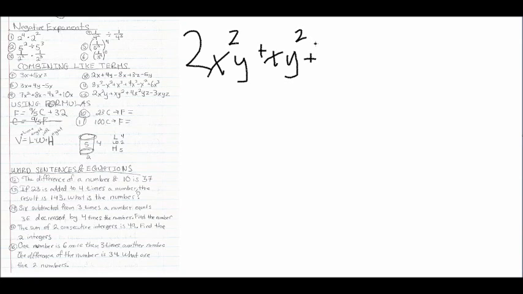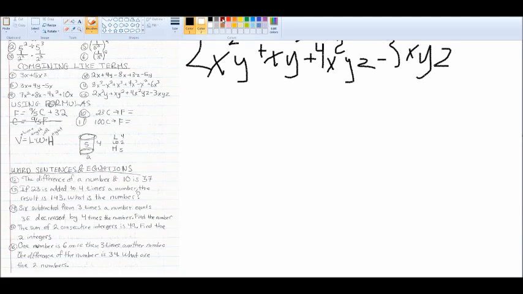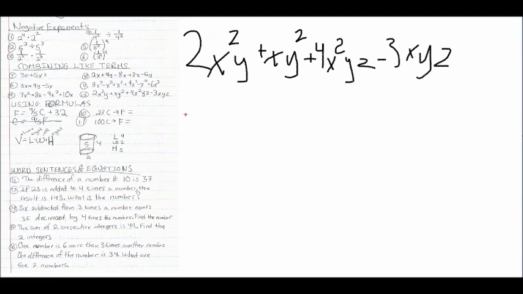So we have the problem 2x squared y plus xy squared plus 4x squared yz minus 3xyz. So we have to figure out what are similar.